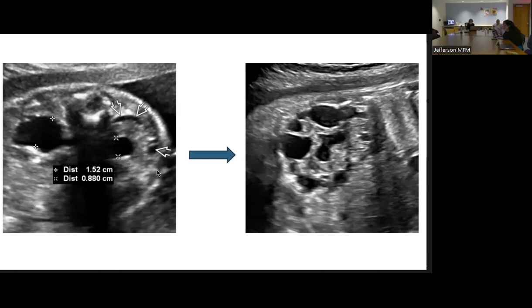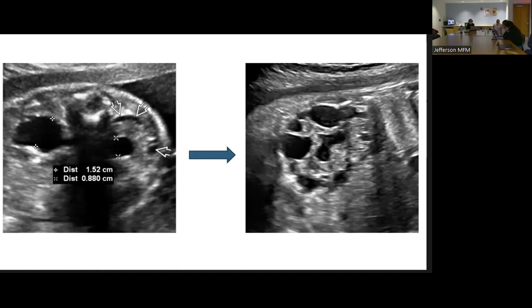And then in the third trimester, you re-image the same fetus and you're seeing these cortical cysts, and they have certainly increased in size and number, and more cysts have formed.